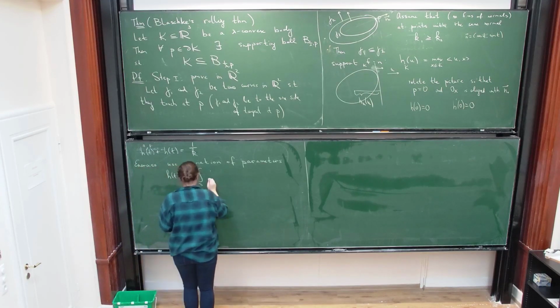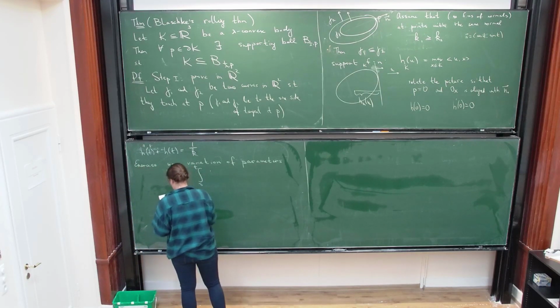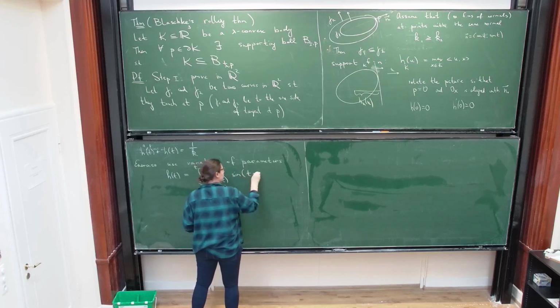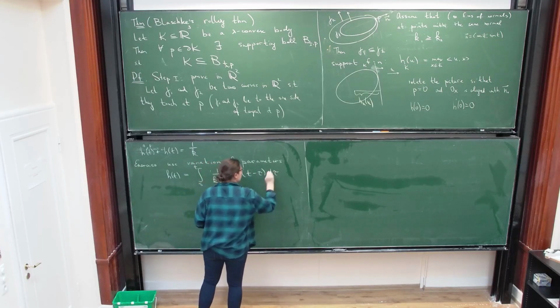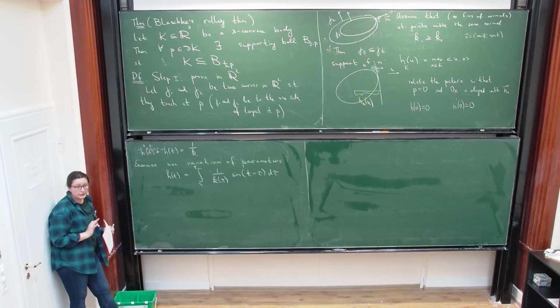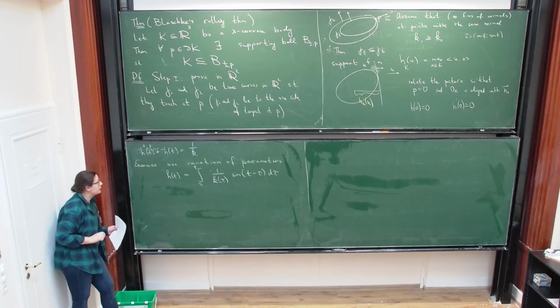So it's the integral from 0 to t of 1 over curvature. So this is the solution to this differential equation with such initial conditions.